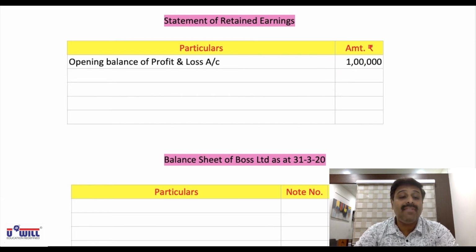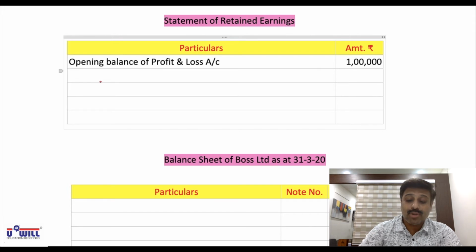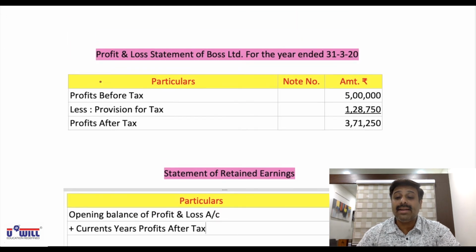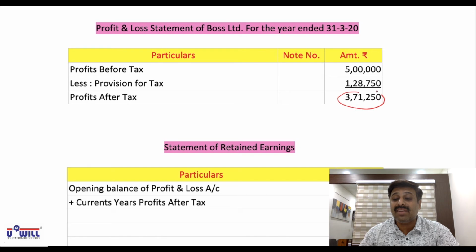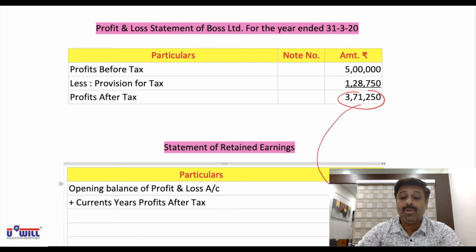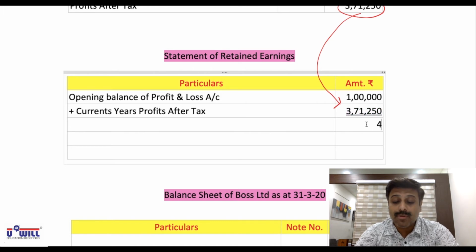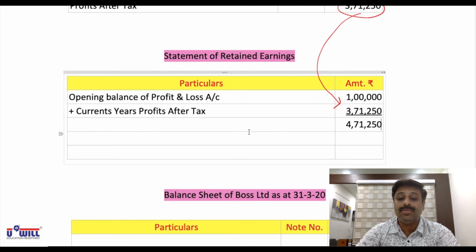Now we have to add the current year's profit. What did we get as the current year's profit after tax? 371,250. This is what we will add over here. So the total amount available for appropriation is 471,250.